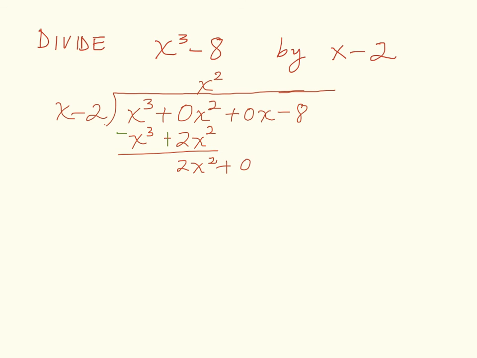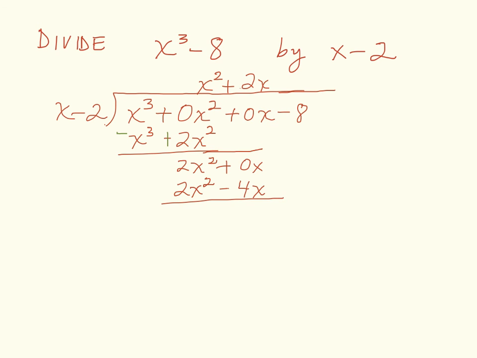Bring down the 0x. X goes into 2x squared 2x times. Now 2x times negative 2 is negative 4x. 2x times x is 2x squared.